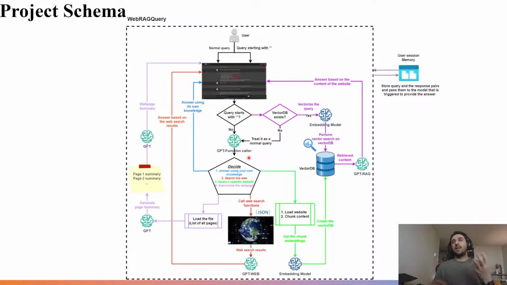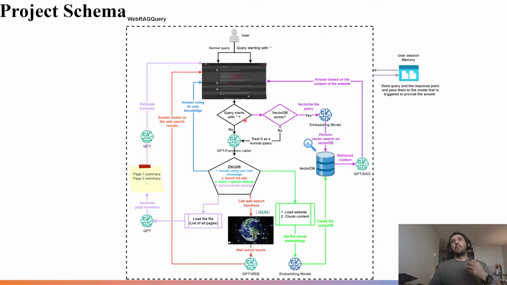So this model has a very important role, and it has to decide what to do in order to give the user the best answer. One of the things that it can do is to use its own knowledge, which is the blue scenario. So if this model decides to use its own knowledge, it is going to go through this path and directly give us the answer using its own knowledge.